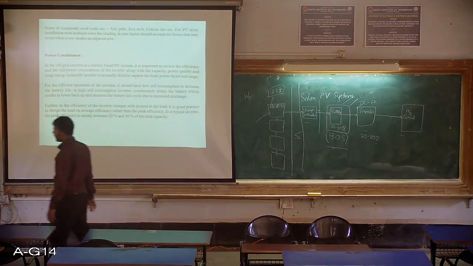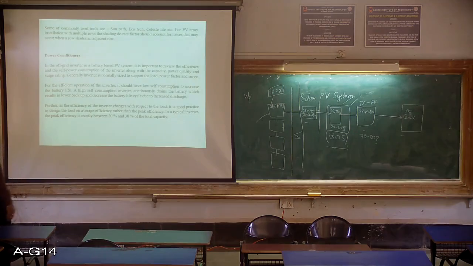And then the next is power conditioners. In an off-grid inverter in a battery-based PV system, it is important to review the efficiency and self-consumption of the inverter along with the capacity, power quality and surge rating.